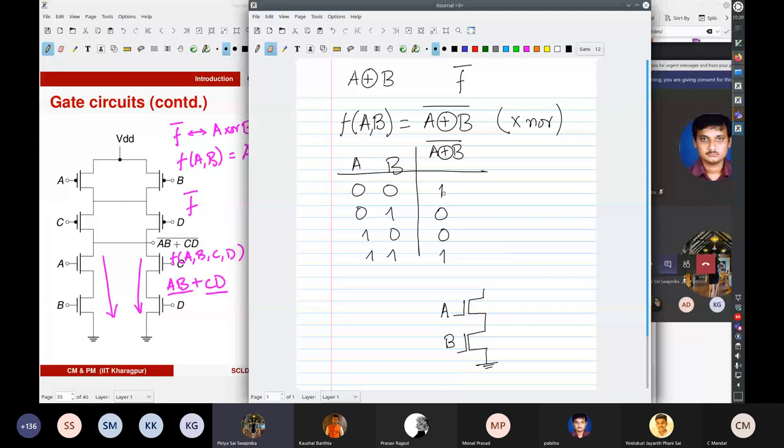Is that okay? Yes, sir. Now let us see, but that's not the only case. You also want a conducting path when both A and B are low, right? So let us try to do that again.